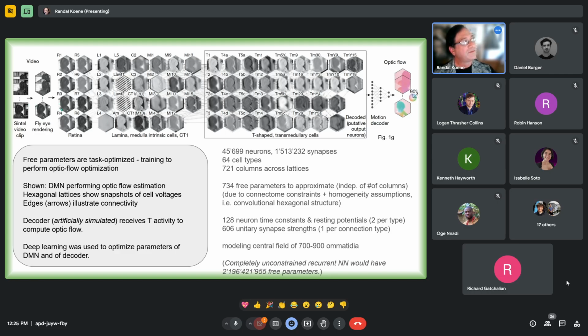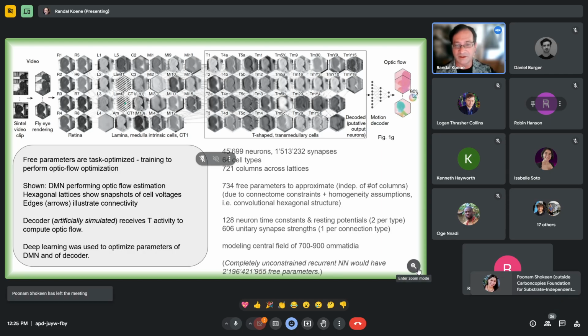Each hexagon that we see here is showing a snapshot of cell voltage for all these different types of cells. And you can see, for example, here, these Lawf1 and Lawf2 that have a larger stride from columns to columns, that they have a sparser convolution in there.